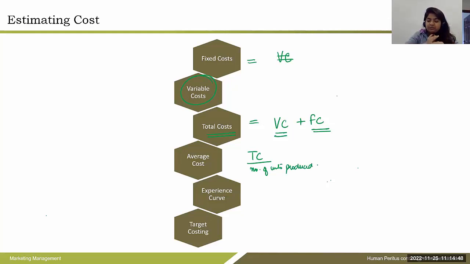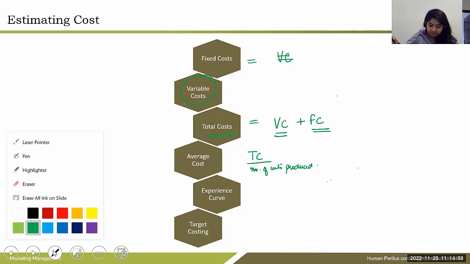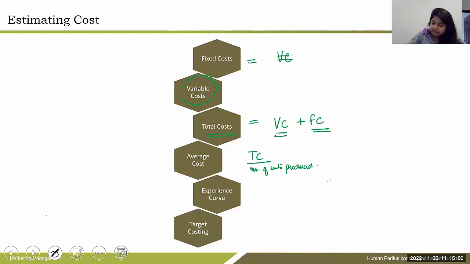Everyone okay with these four terms till now? Fixed, variable, total and average. Yes or no? Now, I am writing and you'll have to figure out what is the total cost. Rent is 500.